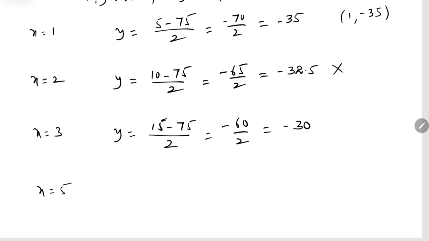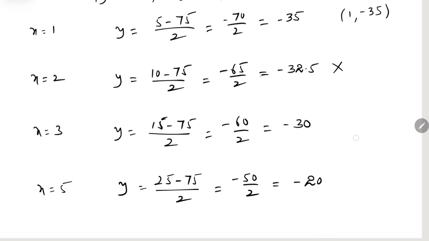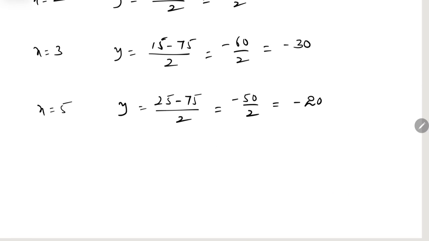Okay, so we are continuing. If I take x value as 5, now y is equal to 25 minus 75 by 2, minus 50 by 2, therefore minus 20. I'm not taking even values here; there is no need to take even numbers.